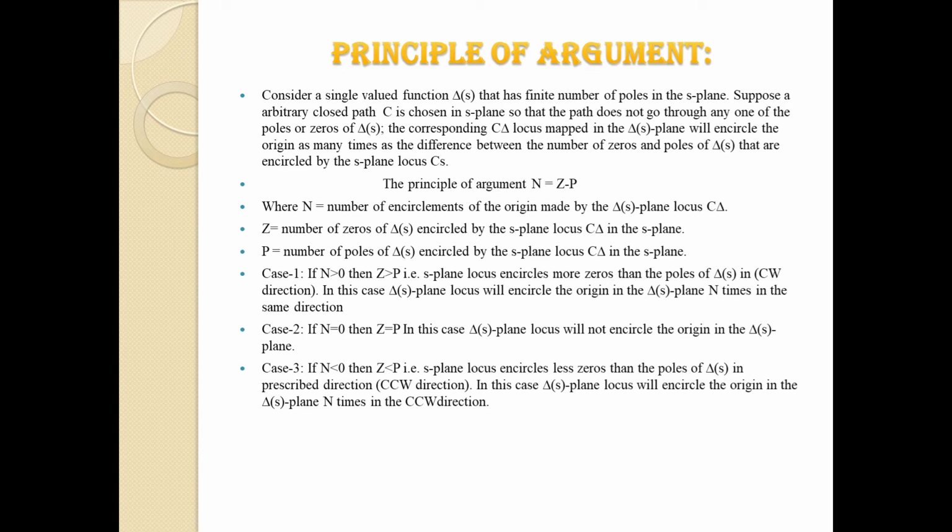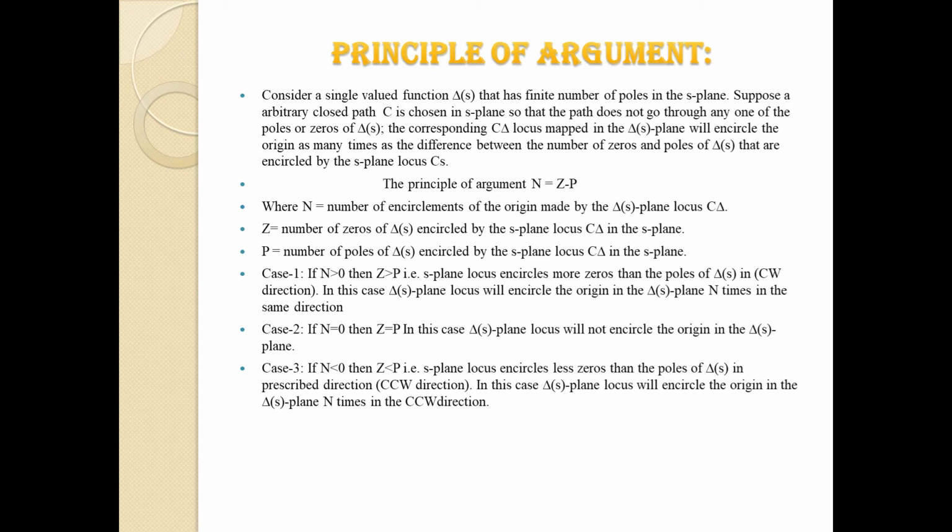The corresponding C delta locus mapped in the delta S plane will encircle the origin as many times as the difference between the number of poles and zeros of delta S that are encircled by the S plane locus. So the principle of argument represents the number of encirclements N, that is equal to the number of zeros.